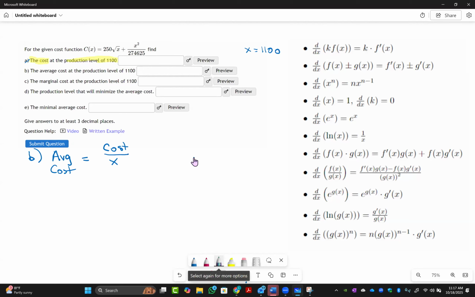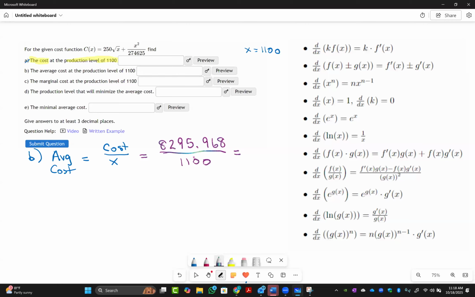So my average cost was, you actually have that number, 8295.968, divided by what's X? 1,100. Perfect. Now you can do this.